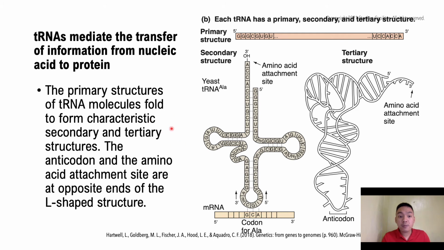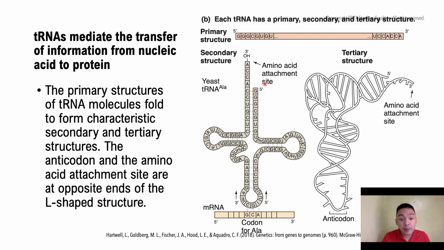One of the primary structures of tRNA molecules has the same thing as your mRNA. It has 5' to 3' ends because they are single-stranded. They fold to form a characteristic secondary and tertiary structure, just like your proteins. The anticodon and the amino acid attachment site are at the opposite ends of your L-shaped structure.